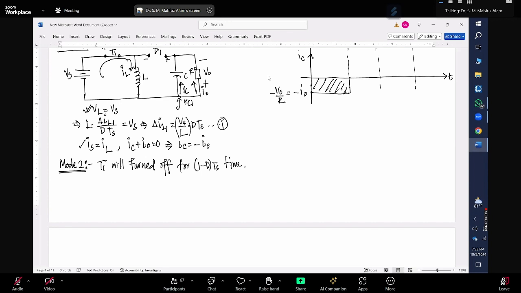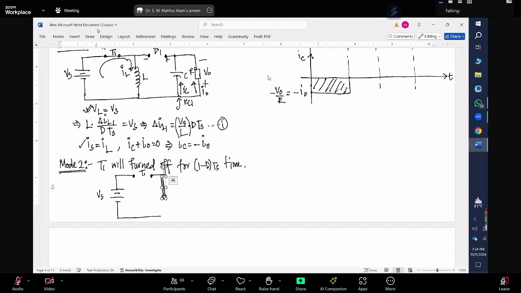So what will my equivalent circuit look like? This should be my source Vs. And now this switch, T1, is turned off, so it will act like an open circuit.